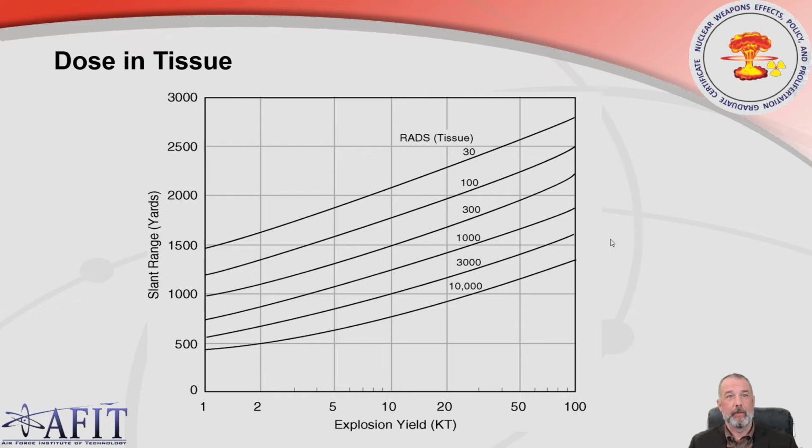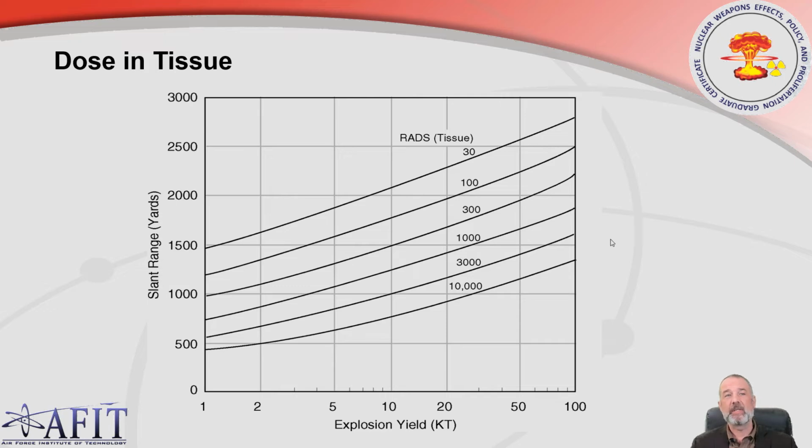Dose in tissue. Okay, this is the one we're usually concerned with. However, there are certain applications where we're concerned with radiation dose into materials, for things like radiation hardening and determining if some critical system is going to fail if it's exposed to the prompt radiation from a nuclear weapon.